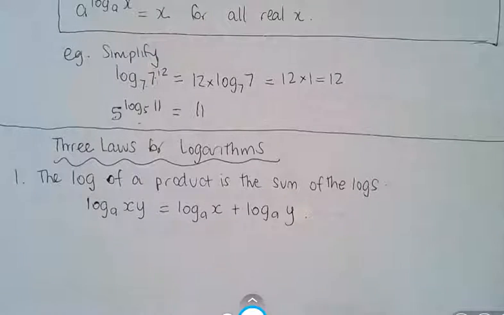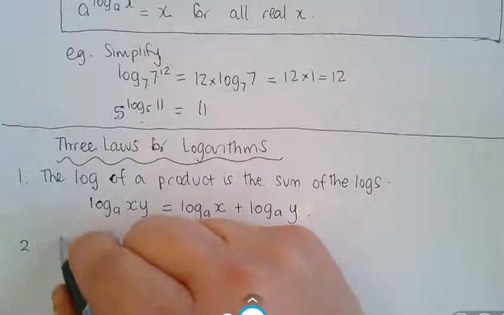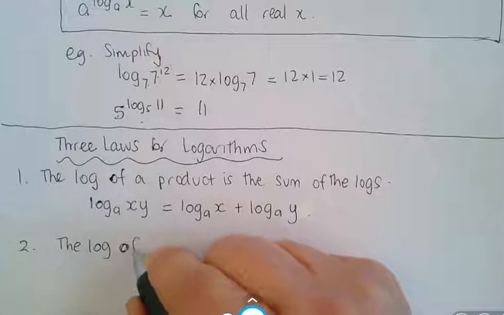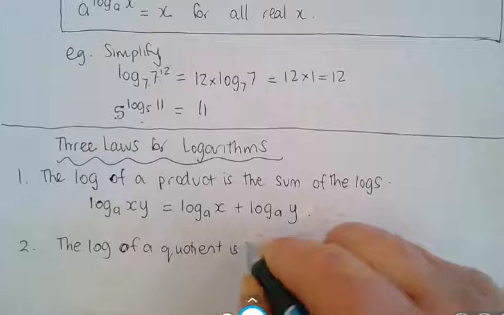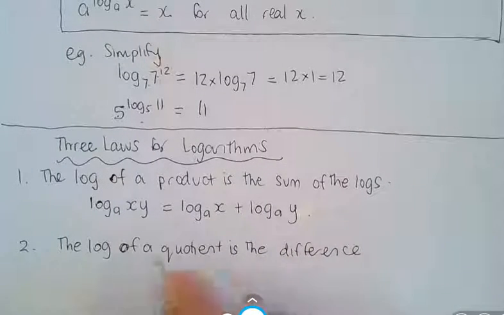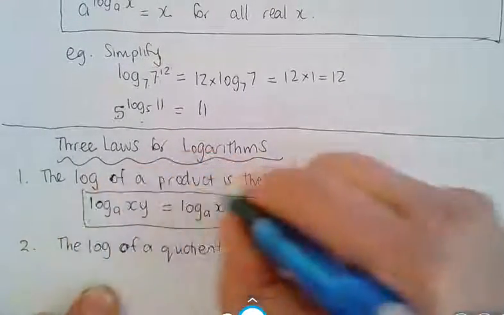Now, if the product is the sum of the logs, what do you think the log of a quotient is? Quotient means to divide. Yeah, it's the difference of the logs. So, the log of a product is the sum of the logs. That's our first rule. Very, very important.